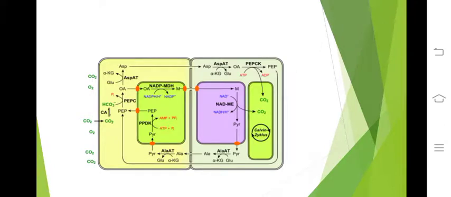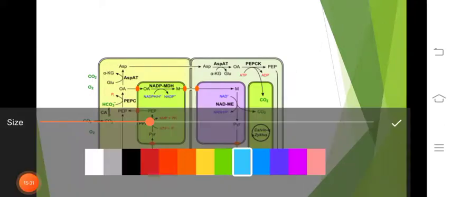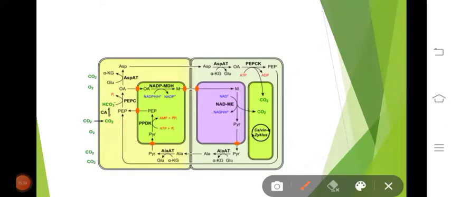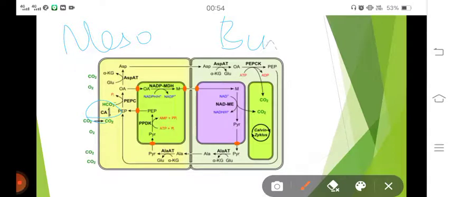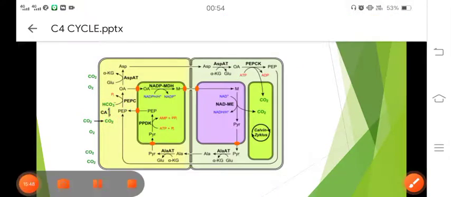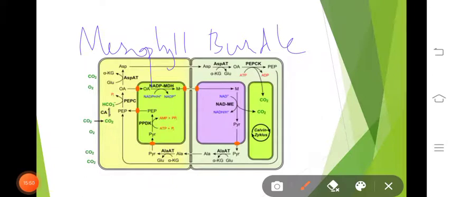Here in PEP-CK type, the same again, the carbon dioxide is fixed in the mesophyll cells by phosphoenol pyruvic acid with an enzyme called phosphoenol pyruvic carboxylase to form oxaloacetic acid.